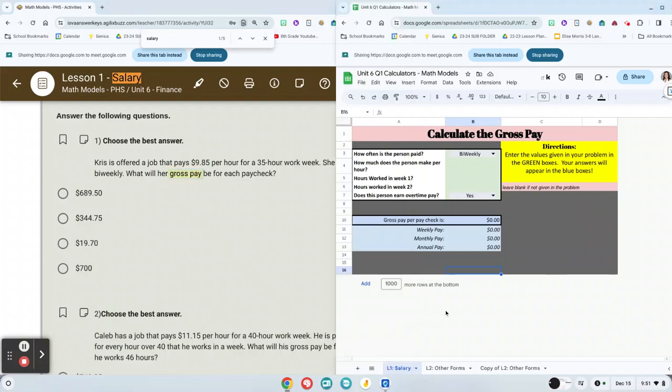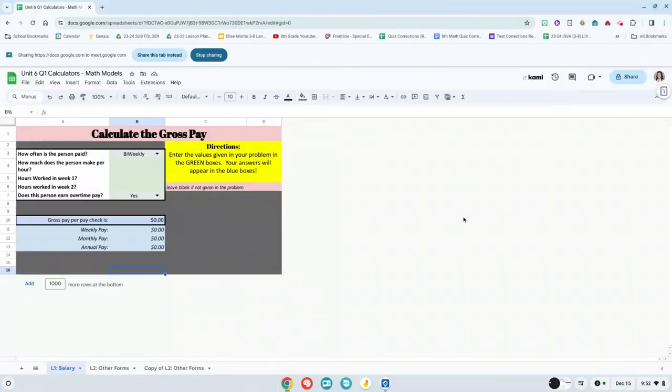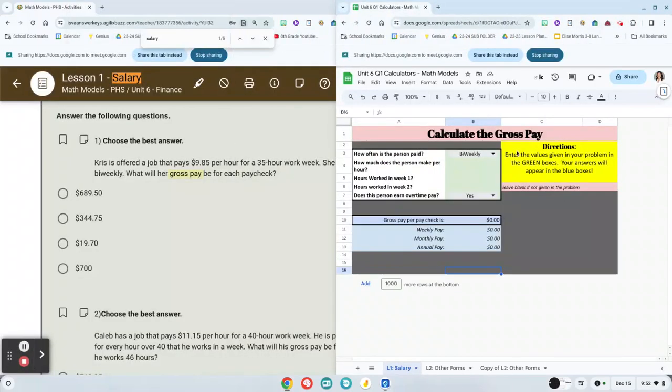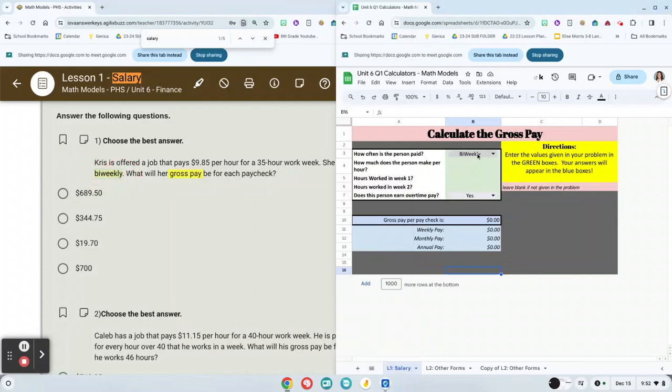Okay, so let's enter this information here. Now you do have to click use template. I'm afraid I already clicked that. So use template on the upper right-hand corner, and then we can enter this in. Okay, how often is this person paid? They mentioned biweekly, so we're going to keep biweekly.